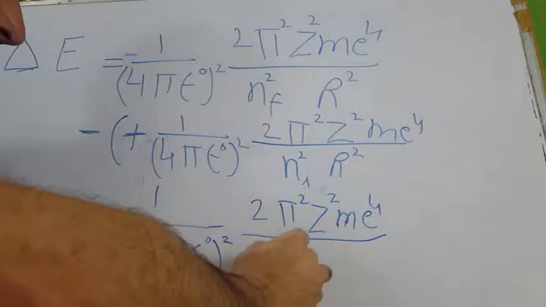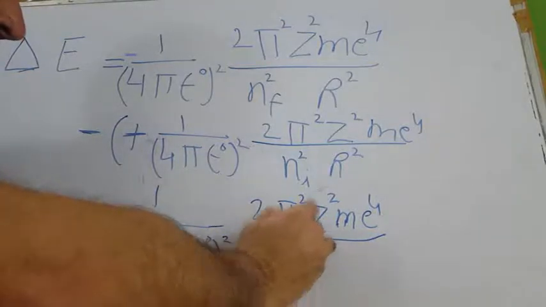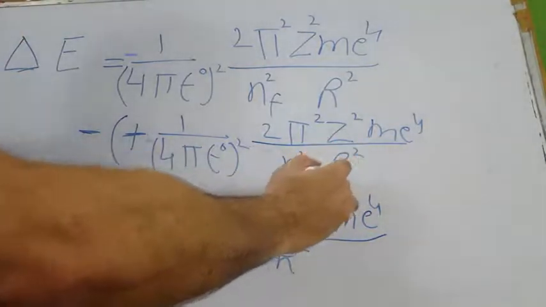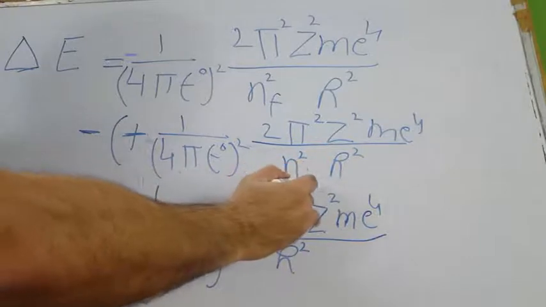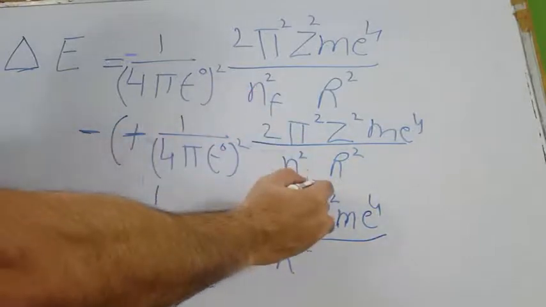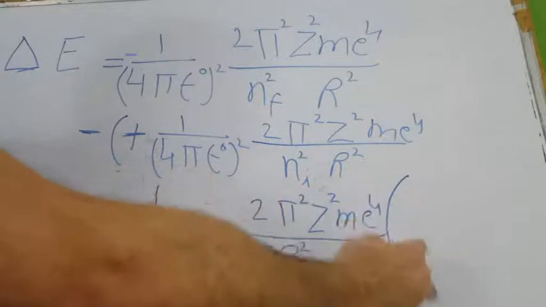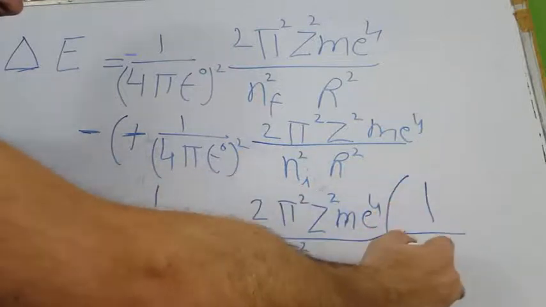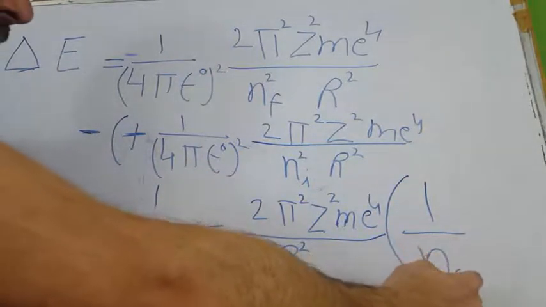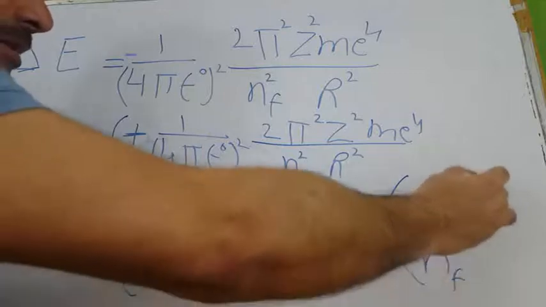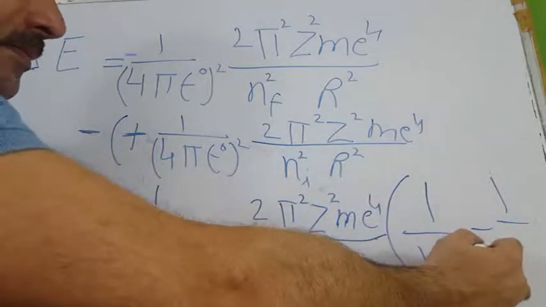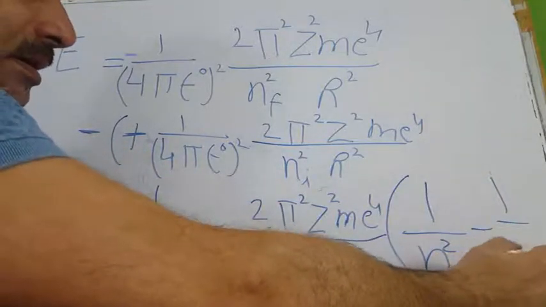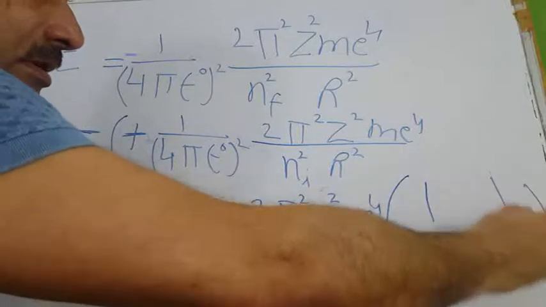We take h square out, because here it would be n f square minus 1 upon n i square.